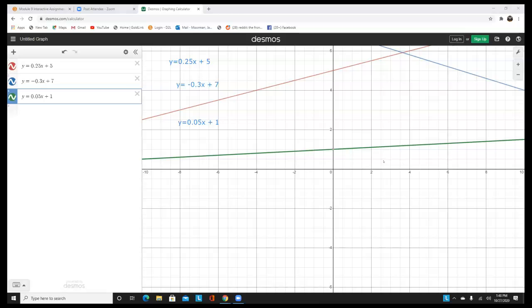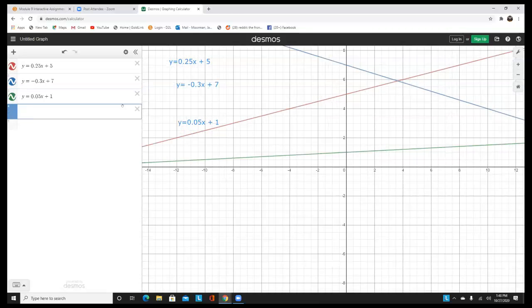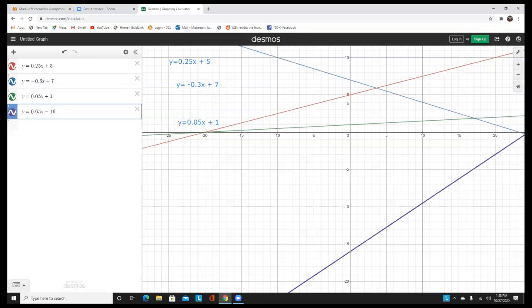And the last one, 0.65x minus 16. Okay, exactly. Beautiful. Looks super messy.